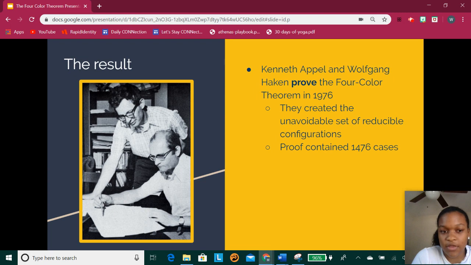It was a lot of work for them. But they used the discharging method from Heesch and the rules of reducibility from Birkhoff to come up with this unavoidable set, which is a large list of networks.